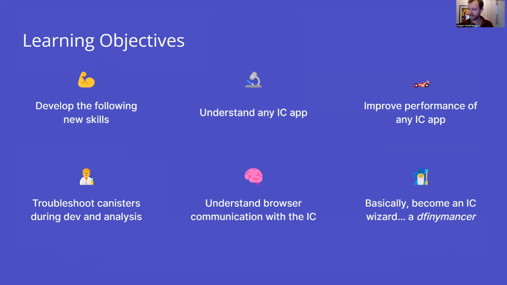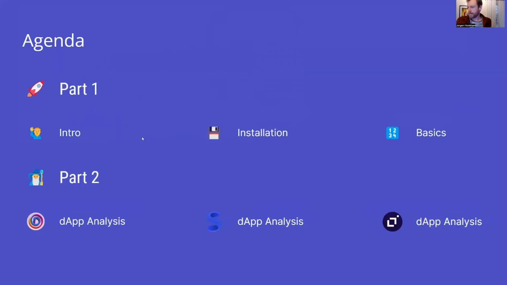So using this extension, we're going to be able to understand any IC app that's running in the browser, approach improving performance for any app, troubleshoot our canisters during development and during analysis of other people's canisters, generally improve our understanding of how the browser communicates with the Internet Computer, and in general become an Internet Computer wizard.